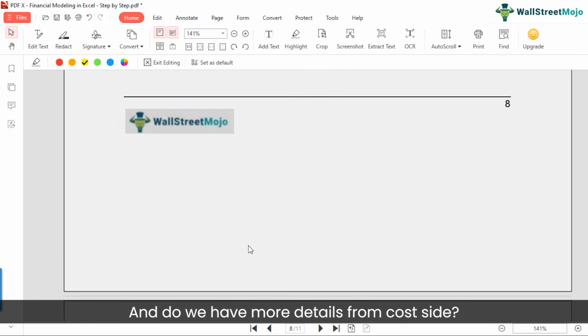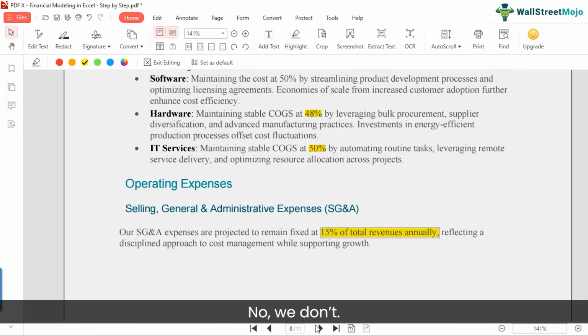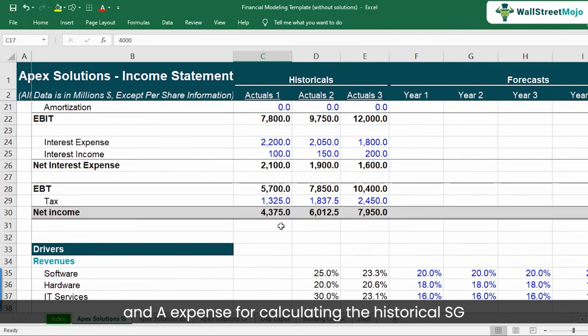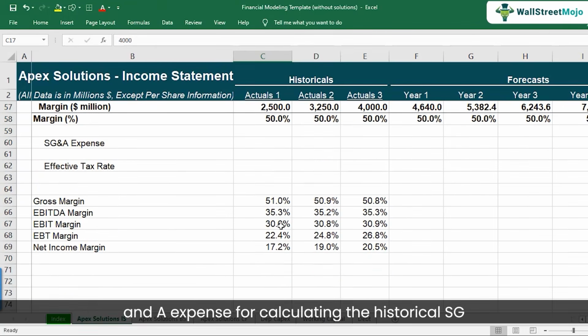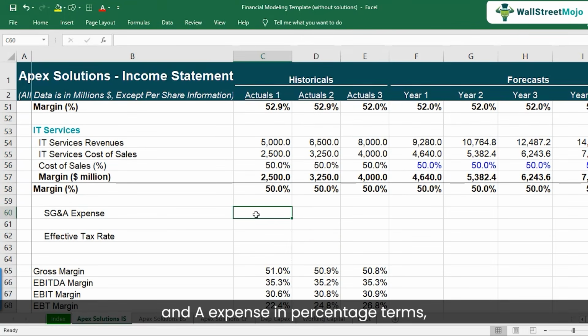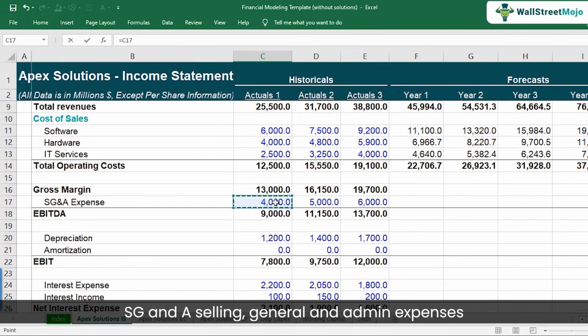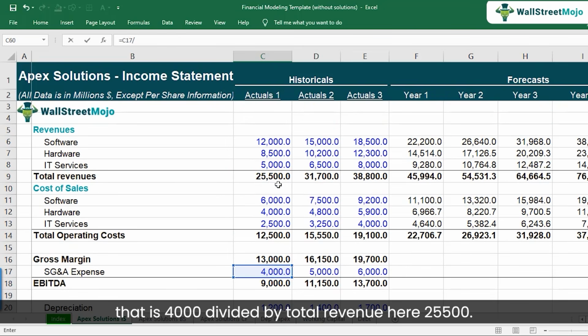And do we have more details from the cost side? No, we don't. So let's go back to this case study. For calculating the historical SG&A expense in percentage terms, we'll use this row, that is 60. This will be equal to SG&A, selling, general and admin expenses, that is 4,000, divided by total revenue here, 25,500.